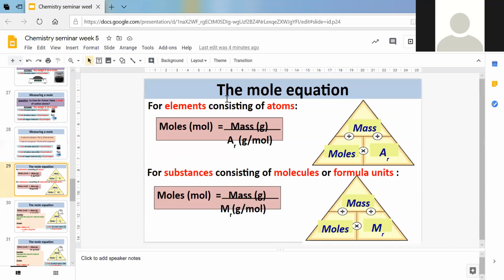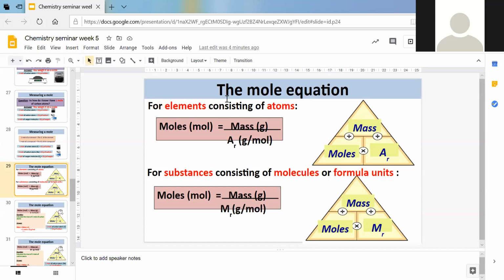So for elements consisting of atoms, it's the mass in grams over the molar mass in grams per mole. Again, I'll put out a couple of videos. This was writing down cam videos here.